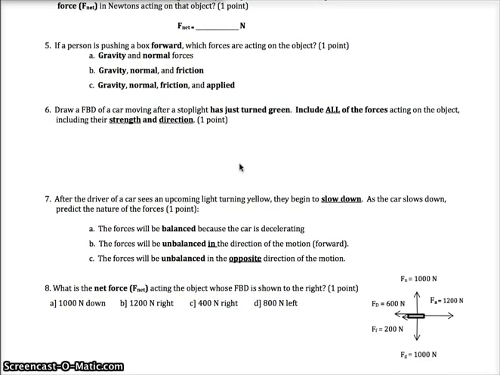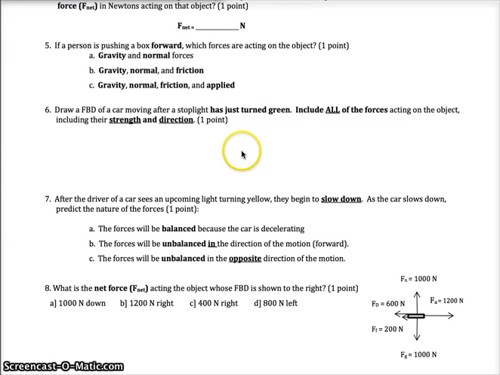Number 6. Draw a free body diagram of a car moving after a stoplight has just turned green. Include all the forces acting on the object, including their strength and direction.